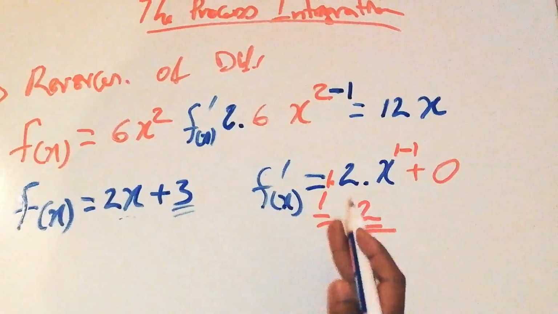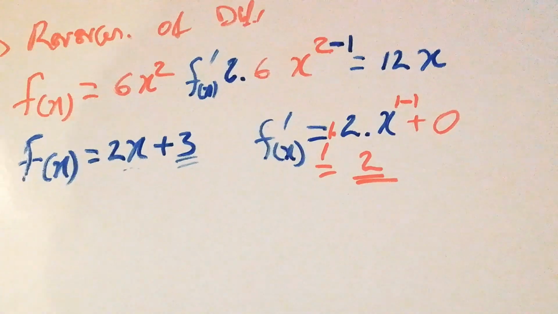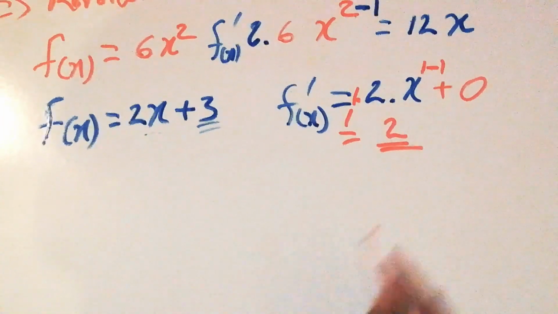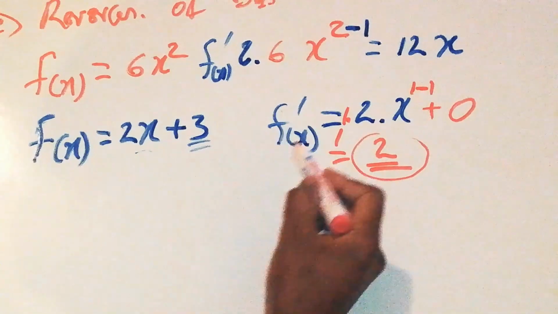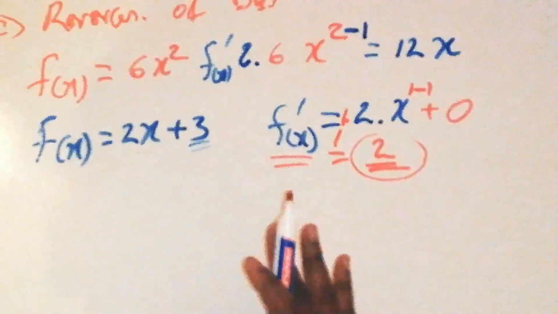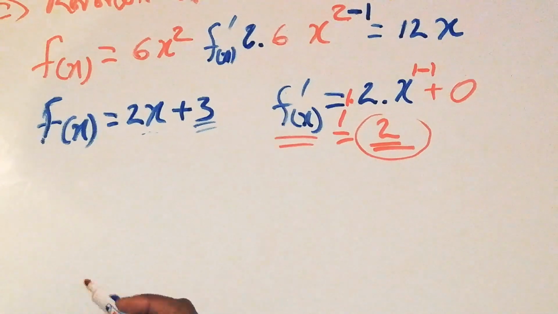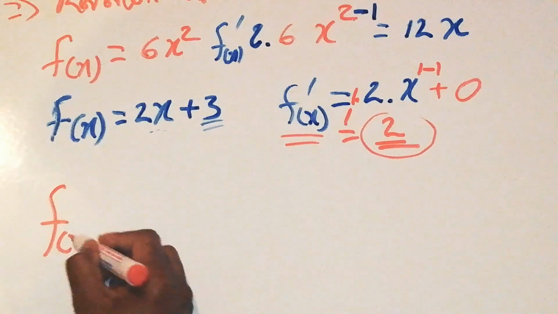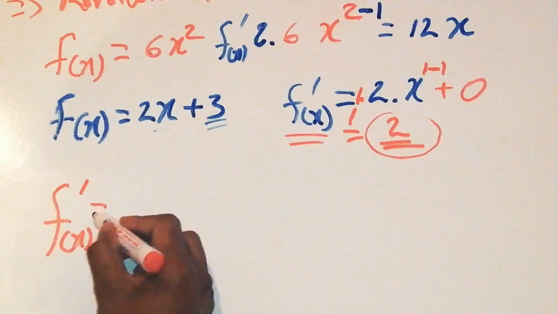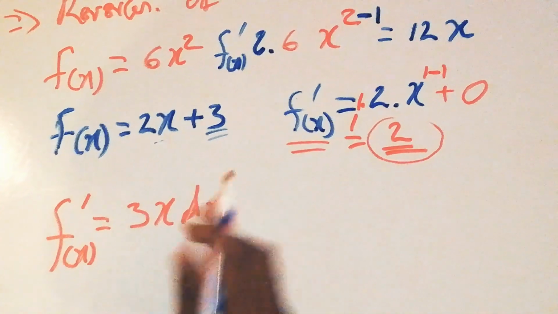Right? Okay. So now in integration, what do you want to find? We want to find what this was before being differentiated. That's simple, I think. So now let's say that we have to find the function. Let's say our f'(x) is 3x dx.